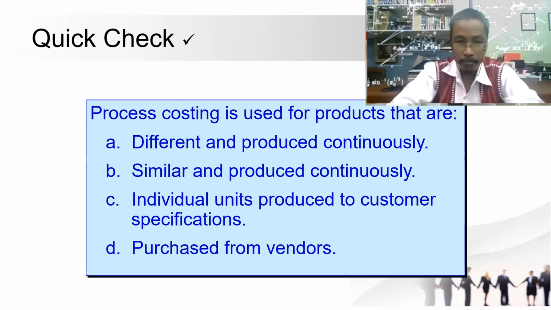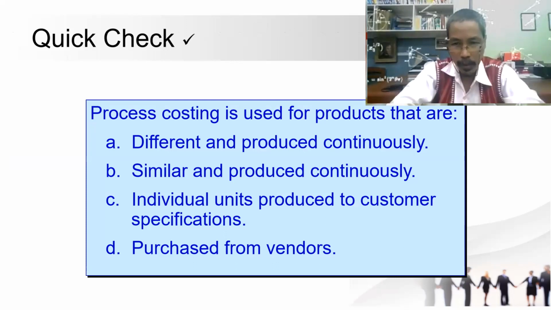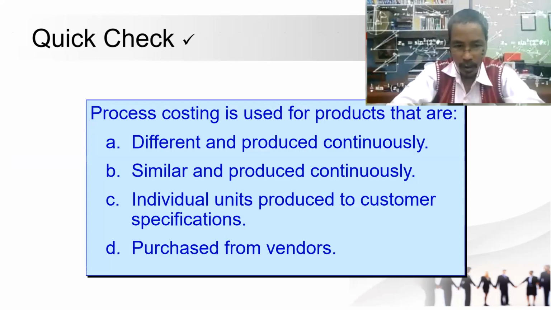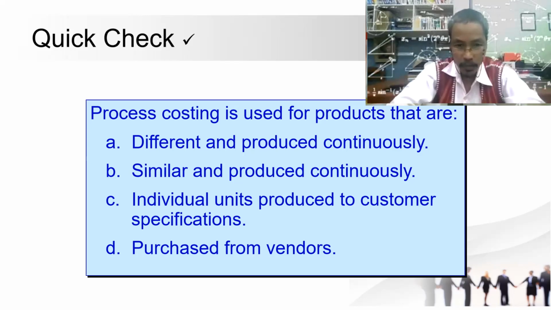Please answer this one. Process costing is used for products that are A, different and produced continuously, B, similar and produced continuously, C, individual units produced to customers' specifications, D, purchased from vendors.